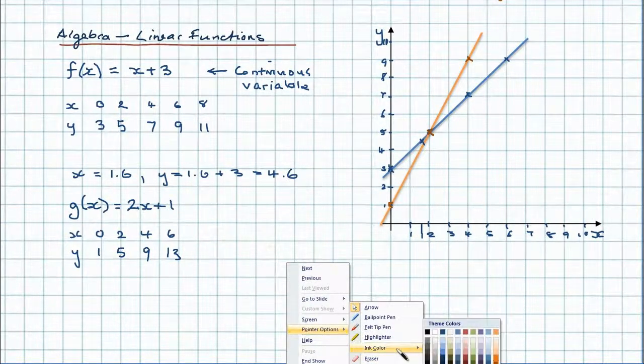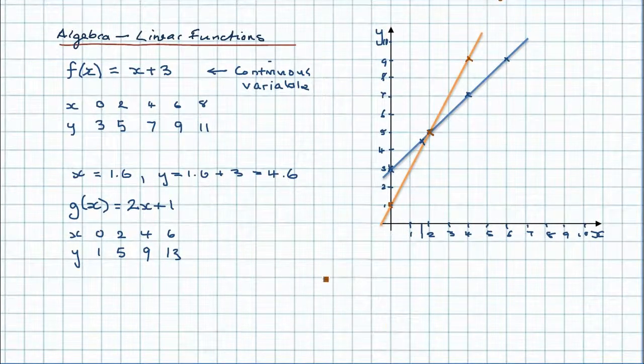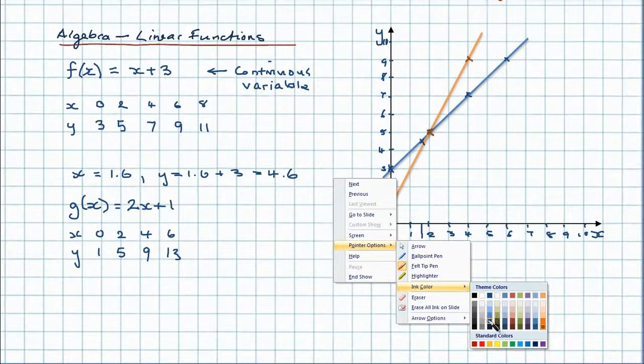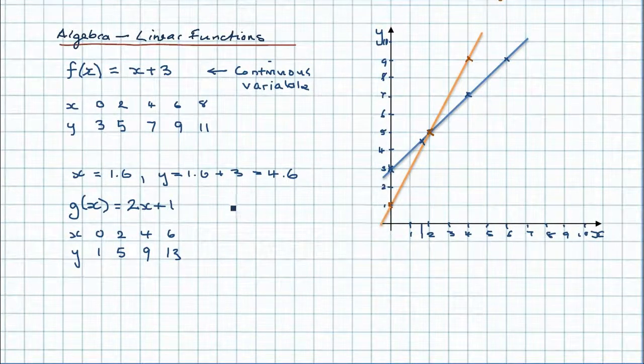Finally then, let's plot another, let's change back I think to the blue. So let's plot another function. Let's see, h of x equals, now this time what I'm going to do is a fraction, half of x plus 2.